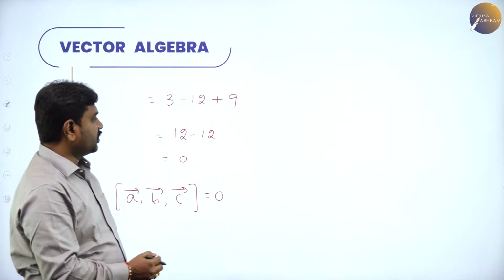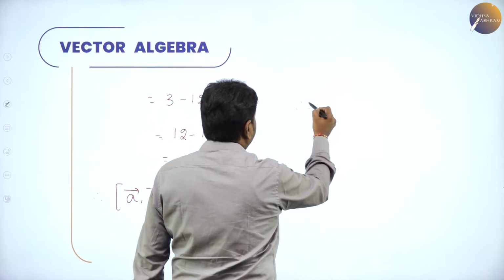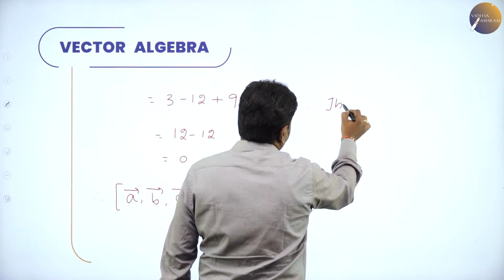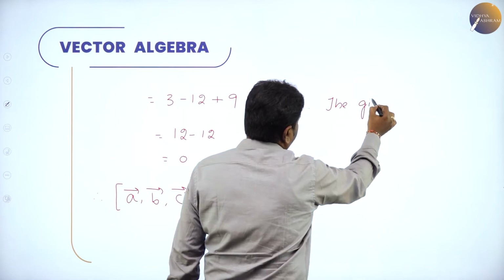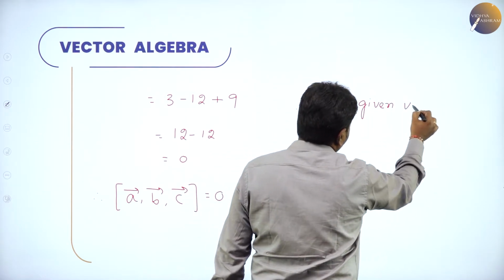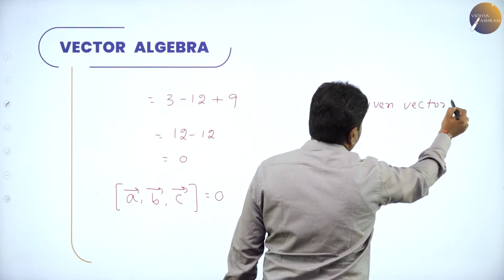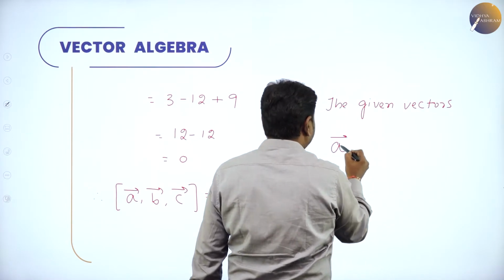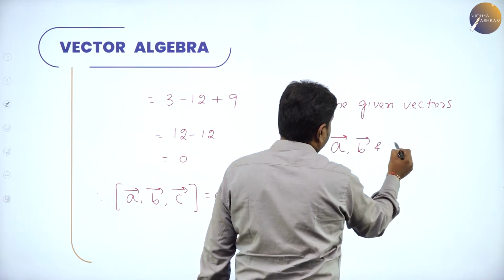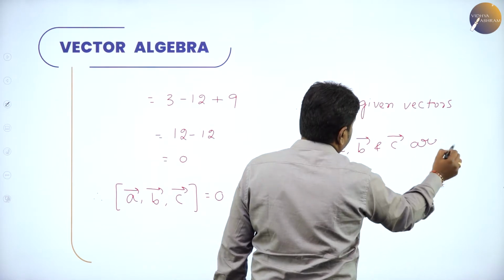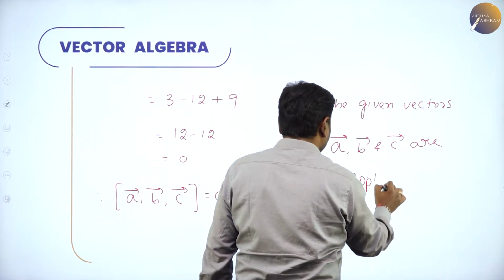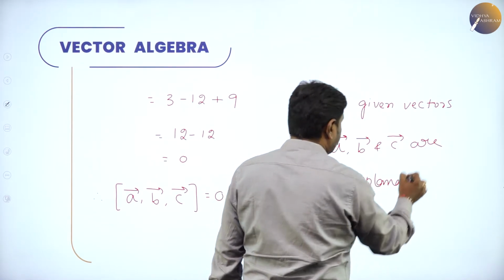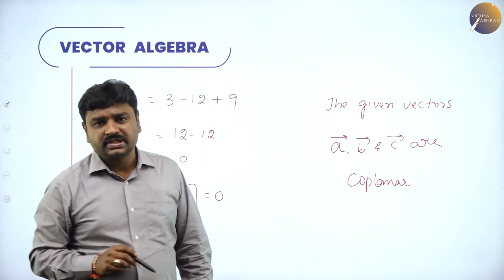So what is the conclusion? The given vectors A, B and C are coplanar. When can you say coplanar? Three vectors are said to be coplanar if their box product is 0.